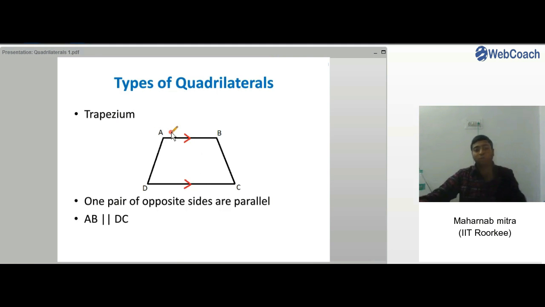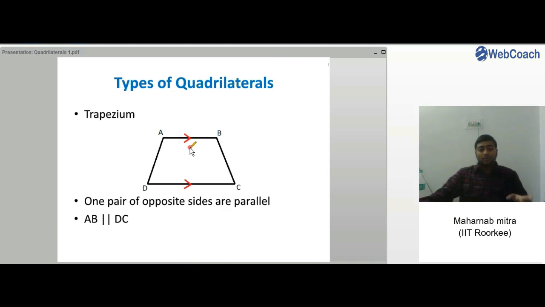I am naming according to the direction in which they are parallel, and you can also name in the opposite direction, like AB parallel to CD, it doesn't matter as long as they both are line segments. So you can see here one pair of sides is parallel, but the other two sides, AD and BC, are not parallel, right? They can be equal in length, but they are not parallel to each other.